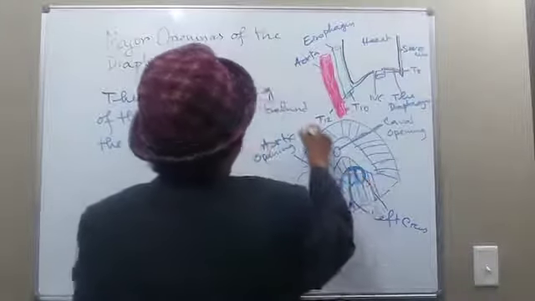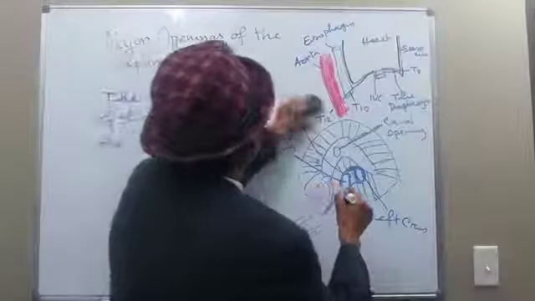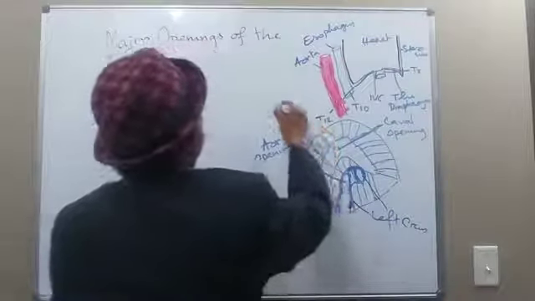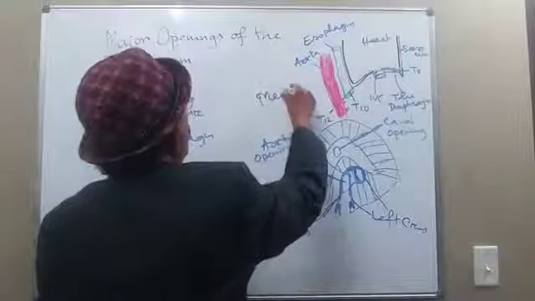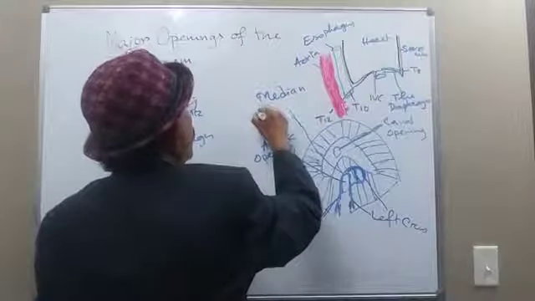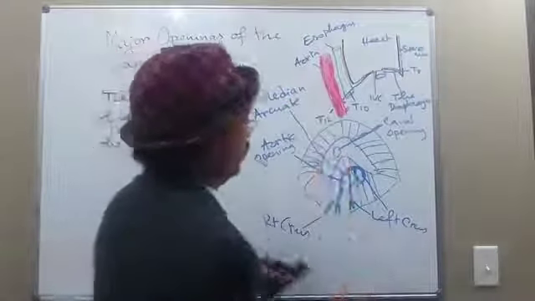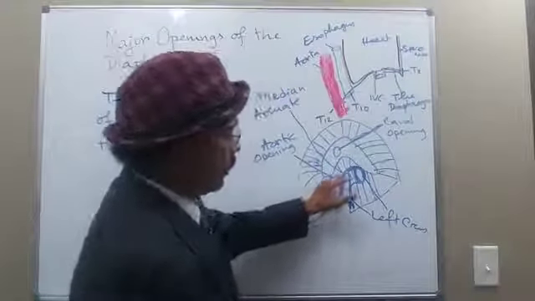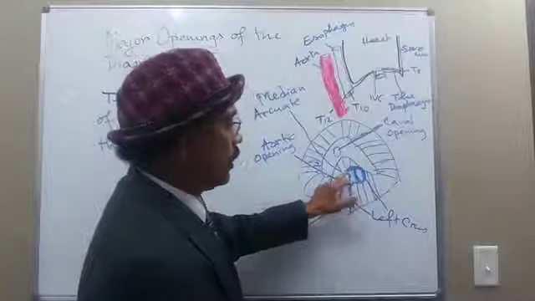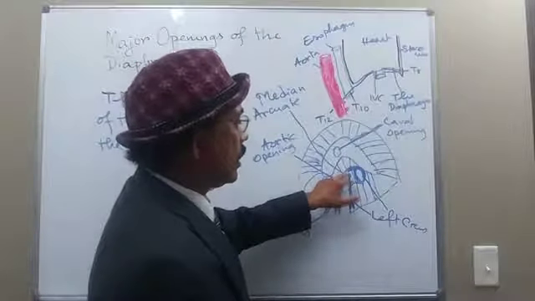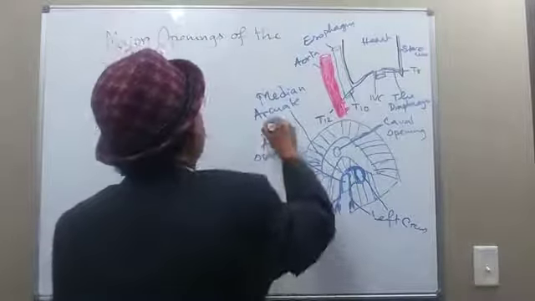The left crus and right crus come together anterior to the aorta, and it is the median arcuate ligament.